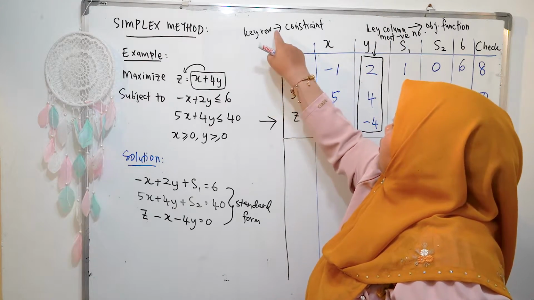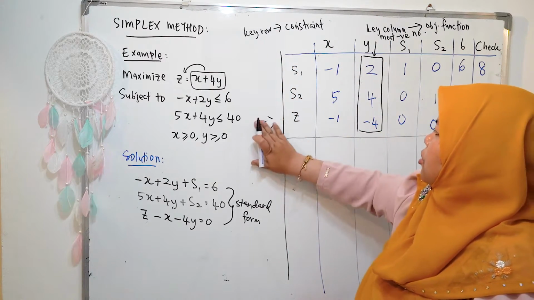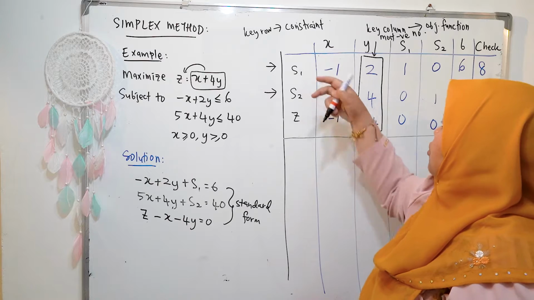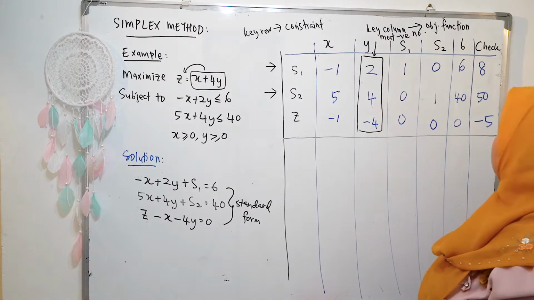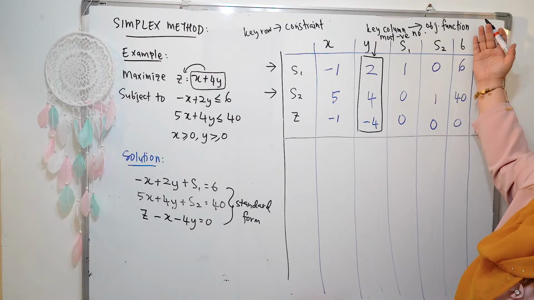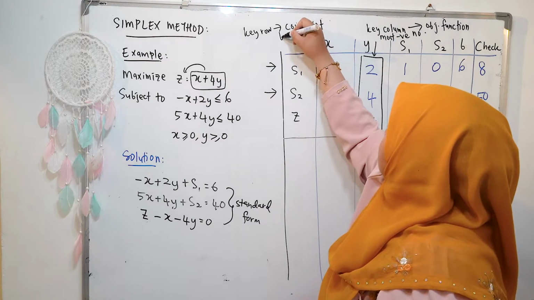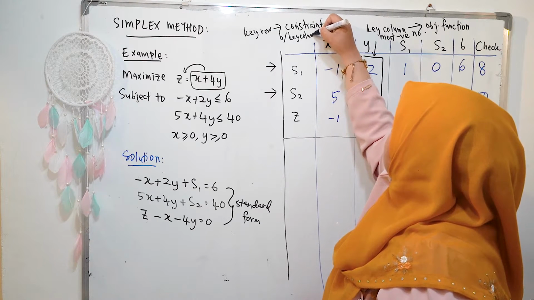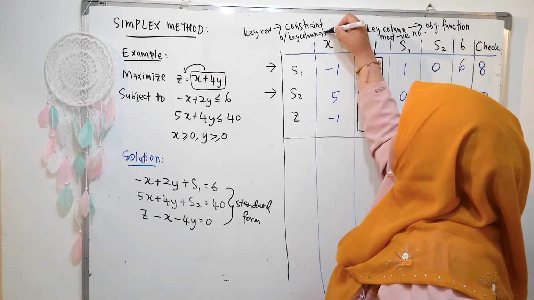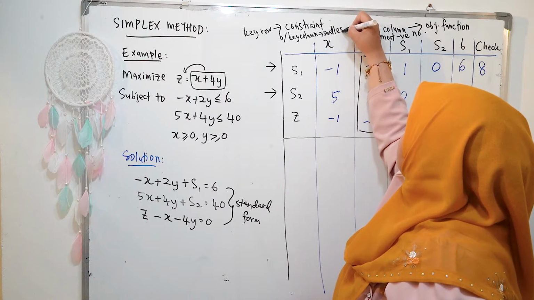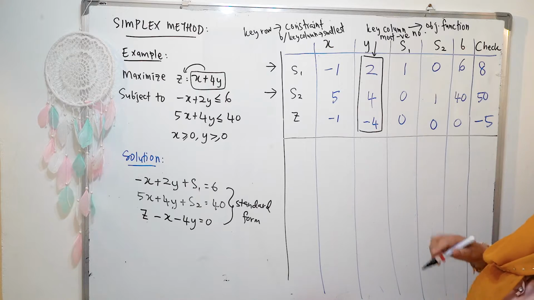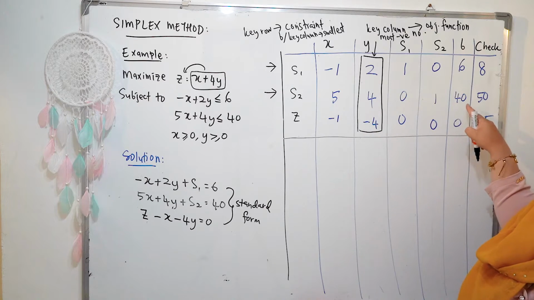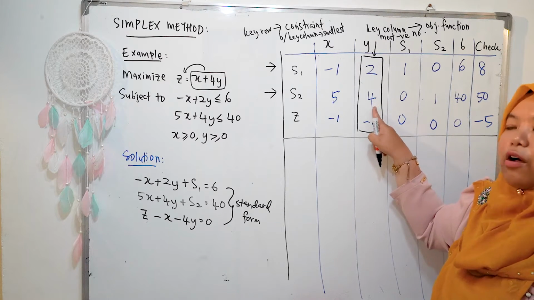To find the key row, check the constraints. For these two constraints, check B over the key column, and take the smallest. 6 divided by 2 is 3, and 40 divided by 4 is 10.